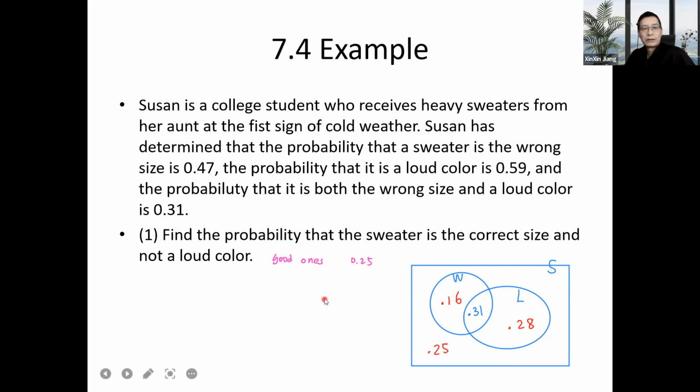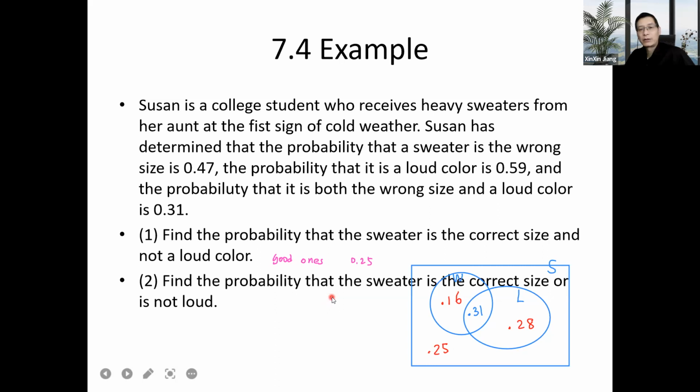Next one, find the probability that the sweater is the correct size or is not loud. So let's say of a correct size or not loud. Correct size is the complement of the wrong size.